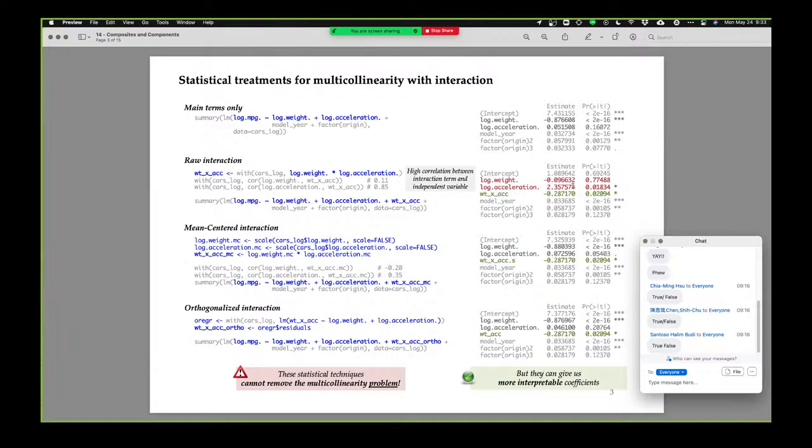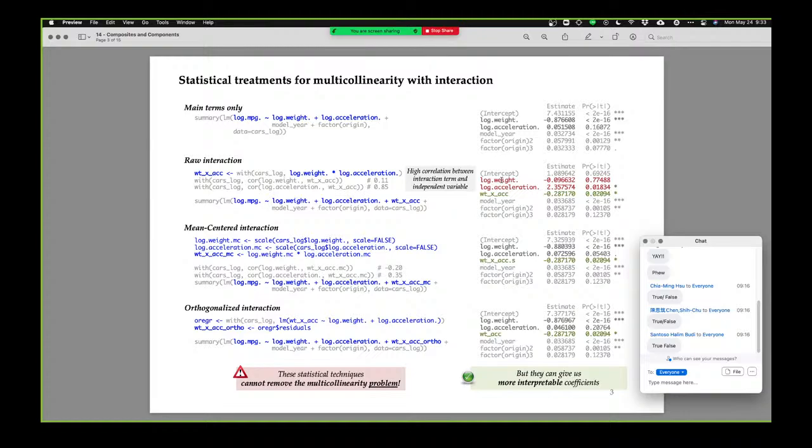And last time we discussed this is a huge problem with interaction terms. Interaction terms do help us model things more accurately, but they're often very hard to represent in a regression formula because they're so highly related to the terms that were multiplied together to produce that interaction term.